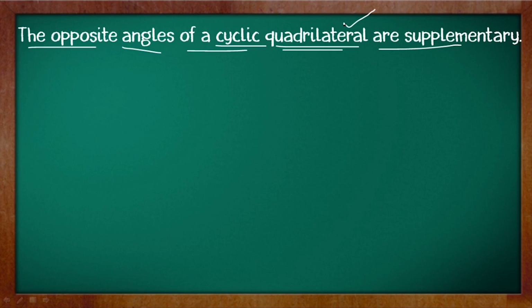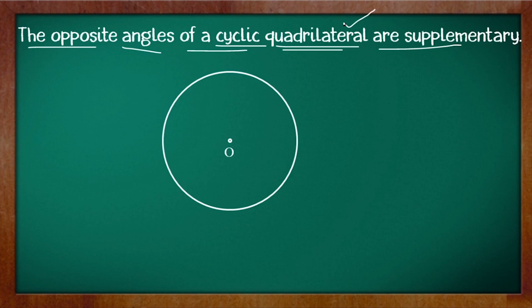Let's understand this with the help of a diagram. If there's a circle with center O, and if we choose four points on the circle and draw a quadrilateral, this kind of quadrilateral is known as a cyclic quadrilateral. Now it says that the opposite angles of a cyclic quadrilateral are supplementary.